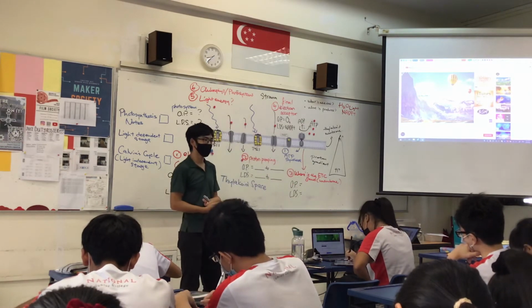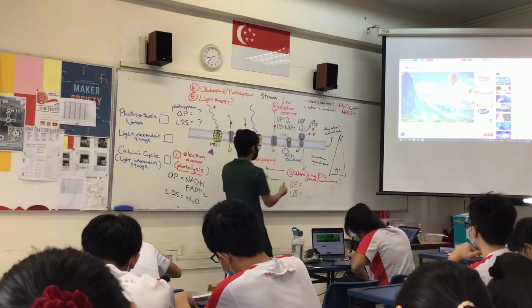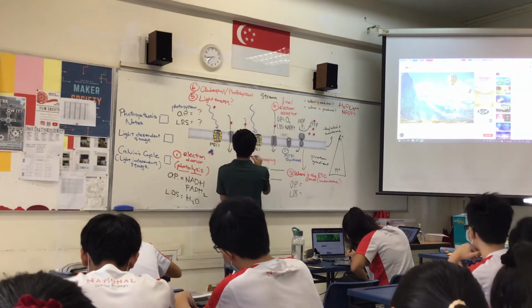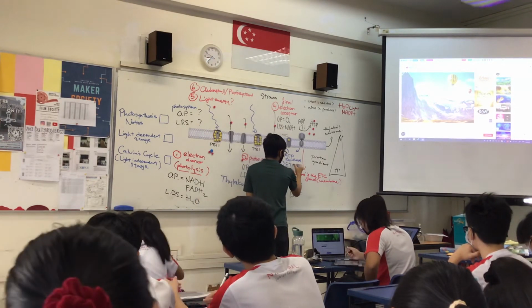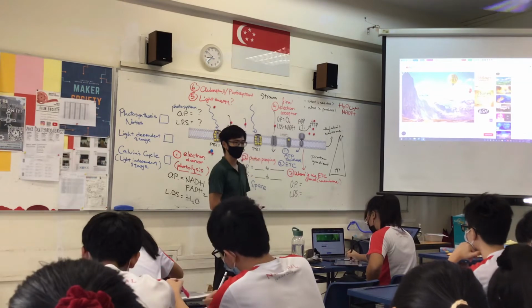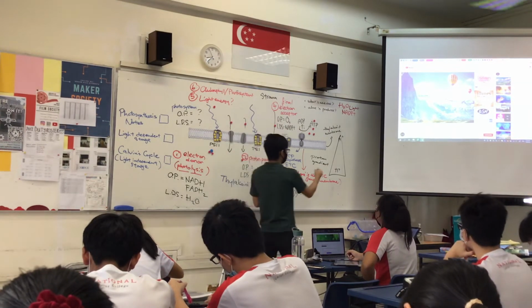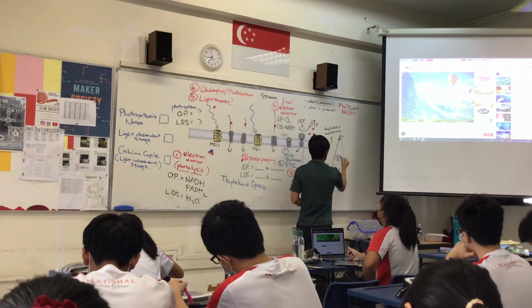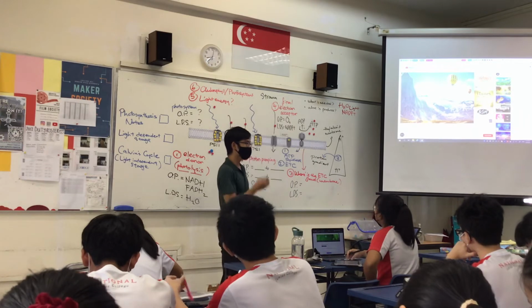Any other similarities? Number 2, if we look at the entire thing, both of them have an electron transport chain. Anything else? I thought proton gradient. Number 3, you will set up a proton gradient.